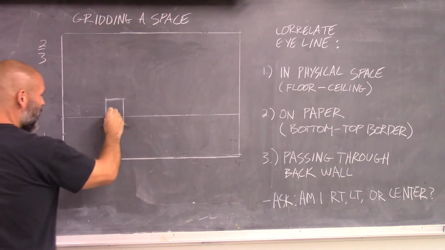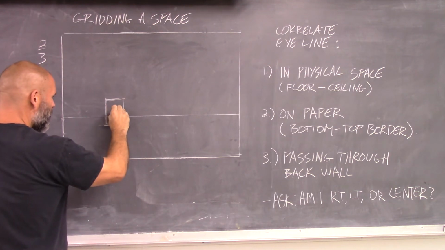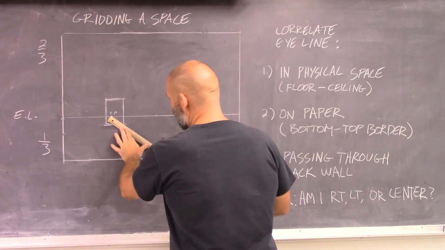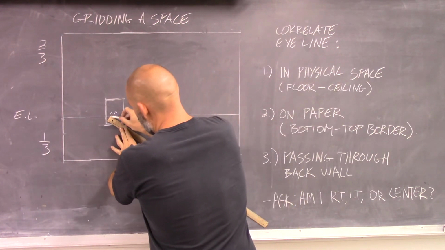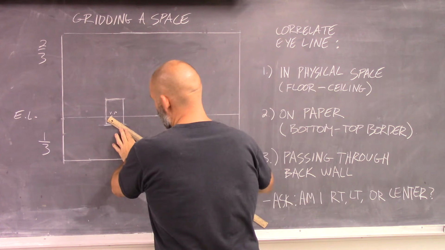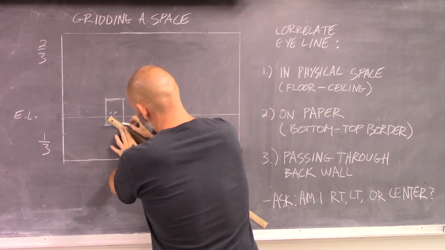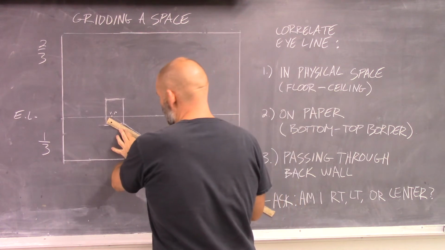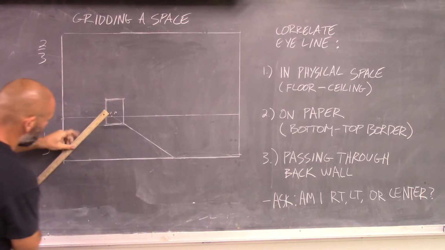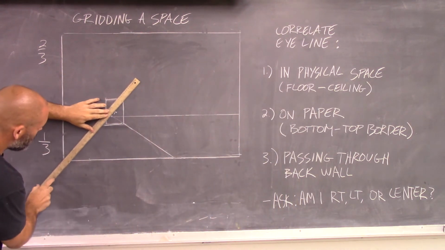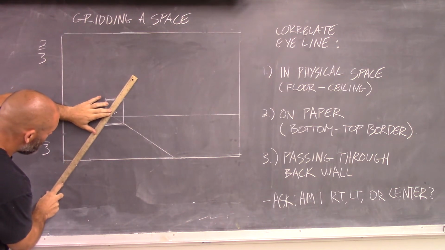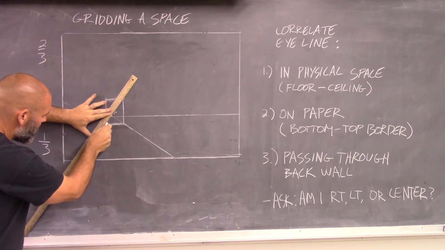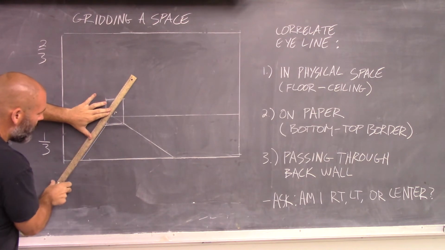Then, from here, I've got my vanishing point, VP. The 4 major angles of that space come from that vanishing point through the corners of that back wall. And again, what this is going to give you is just really the sort of bones of your drawing.